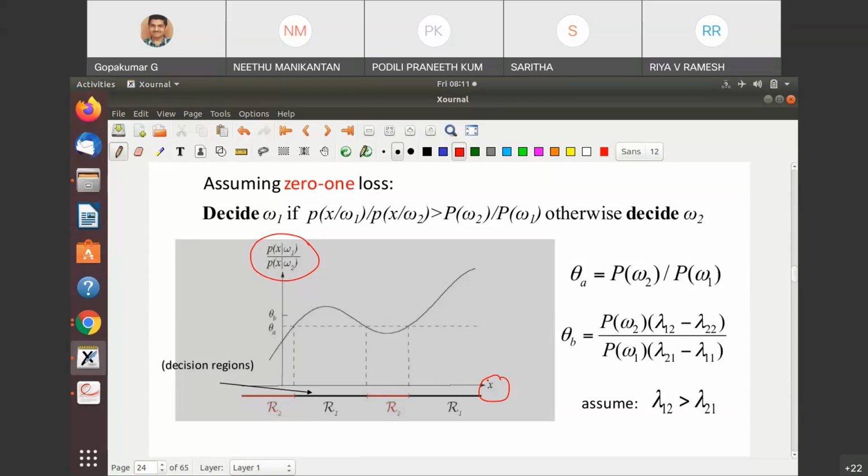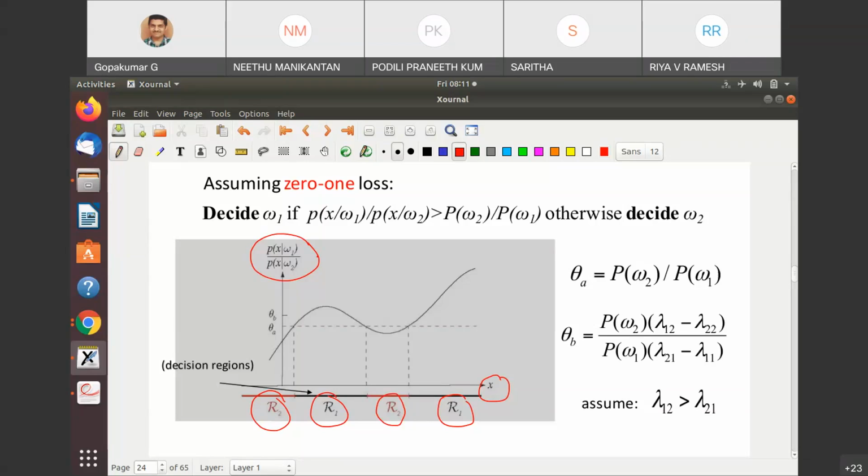If you look at this one, it is similar to the previous regions that we have identified. We have an R2 region, followed by an R1 region, again followed by an R2 region, and then an R1 region. So the regions are exactly similar to the previous plot, and the likelihood is also correctly distinguishing those regions.